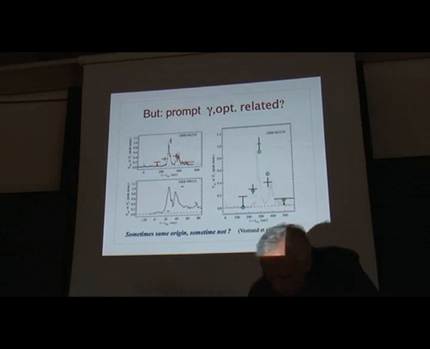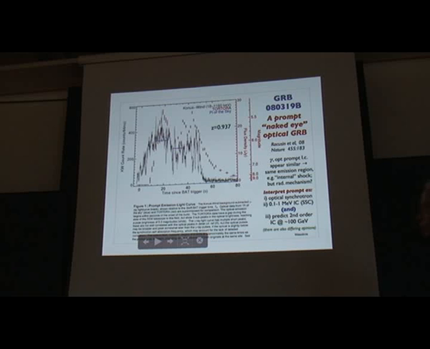So one example where they seem to be doing the same thing was the naked eye burst. And there were at least two different prompt optical detections. So here are the gamma ray light curves in black, and then the crosses are the optical.